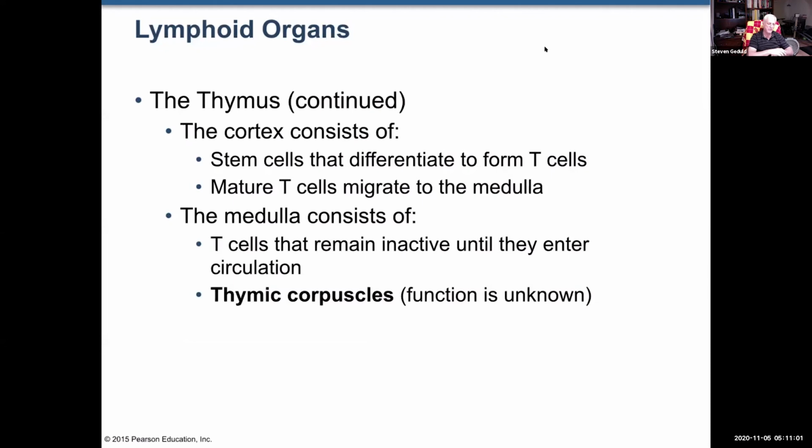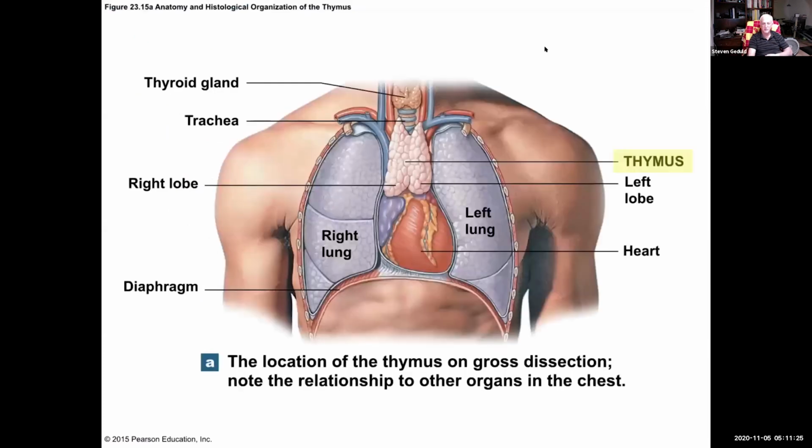The cortex holds stem cells that differentiate to form the T cells, and mature T cells migrate from the cortex to the medulla. The medulla consists of T cells that remain inactive until they enter the circulation. They go into the area, and they become immunocompetent. Thymic corpuscles are in there. They're not quite sure what the function of thymic corpuscles is.